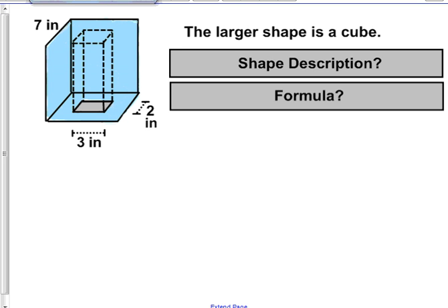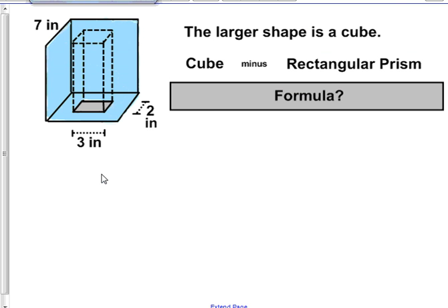Next, we had assumed when we were doing our description that the larger shape was going to be a cube, and in fact it is. So we are told that the larger shape is a cube, so our shape description is a cube minus a rectangular prism. Okay, so for our formula, finding the volume of a cube is side times side times side, area of the base times the height, but with a cube it's all the same measurement, so we're going to have side cubed.